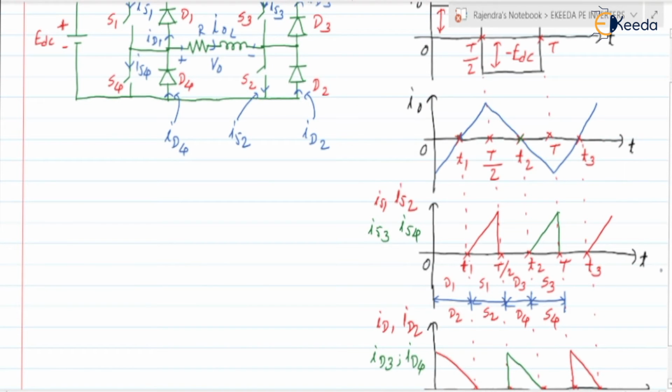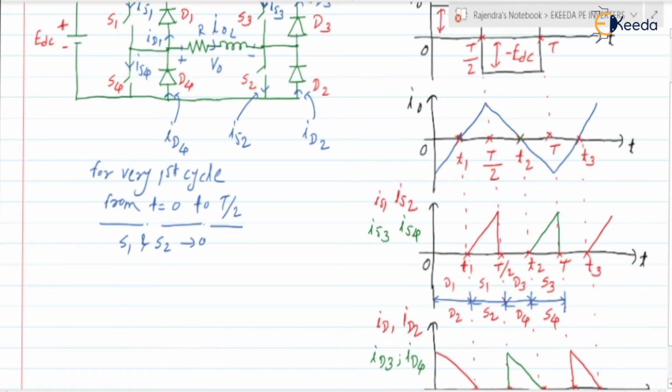So for the very first cycle, from t equal to 0 to T by 2, we are going to turn on the switches S1 and S2.